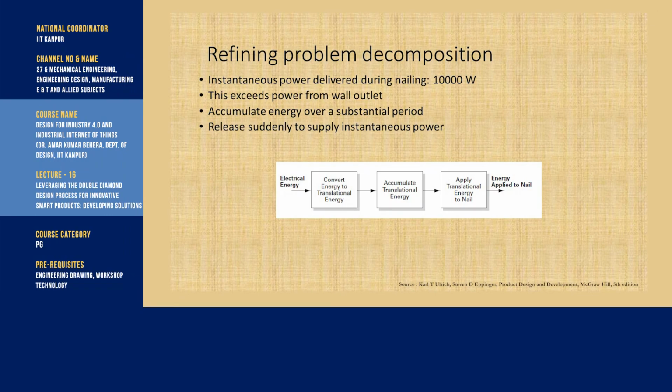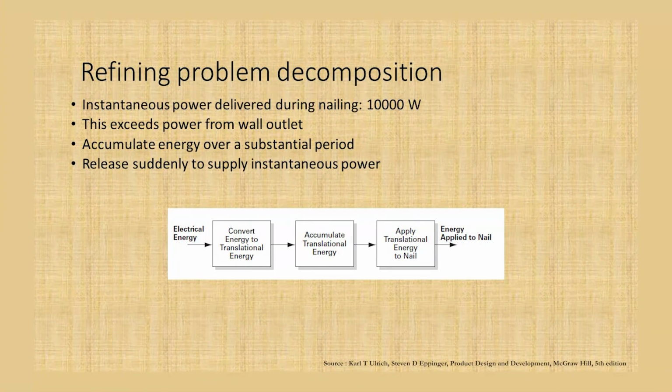So, what we need to do is accumulate the energy over a substantial period. We need to add up energy, and then release it suddenly to supply instantaneous power. Energy per unit time is power, right. Joules per second is watts.